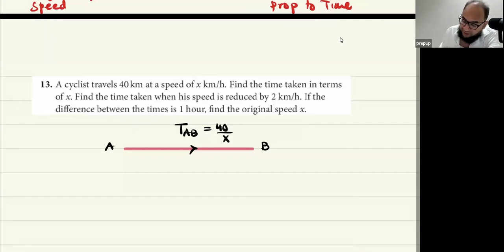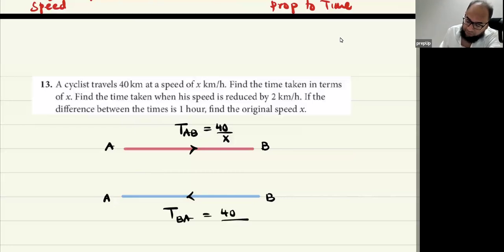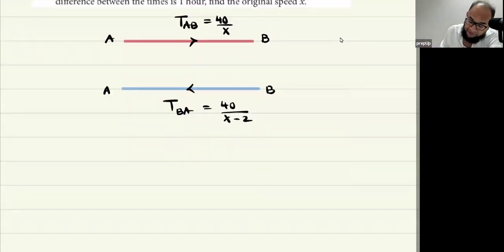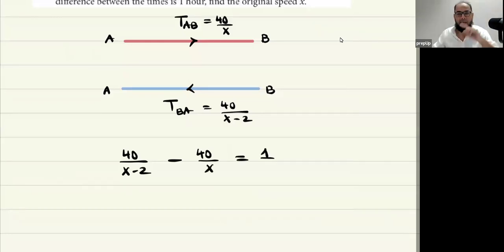And on the way back, let's say it's the same distance from B to A. The time BA will be 40 over x minus 2. Which time is more? Because of reduced speed. So the difference, 40 over x minus 2 minus 40 over x, this equals to 1. Now, first of all, use your WhatsApp and answer me, does this equation make sense?